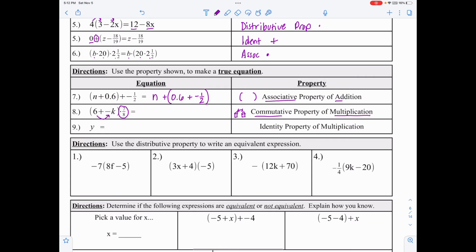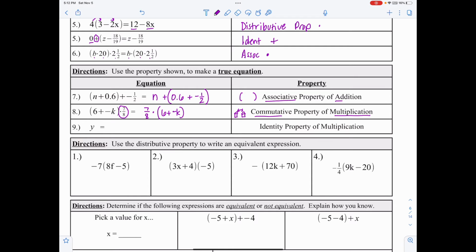I can't be doing the commutative with this in parentheses, because that's going to be the commutative property of addition instead. So for this one, we're going to go ahead and move the multiplication around and just make it this way, and then leave the addition alone. Okay, so there's our commutative, moving the multiplication around in the problem.